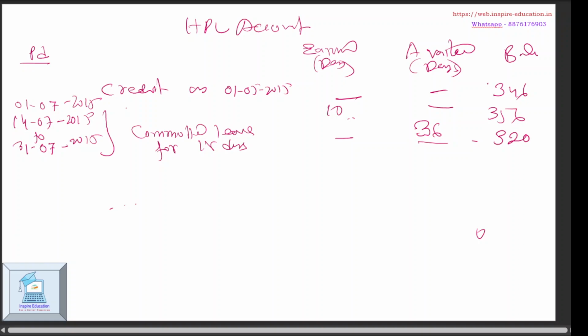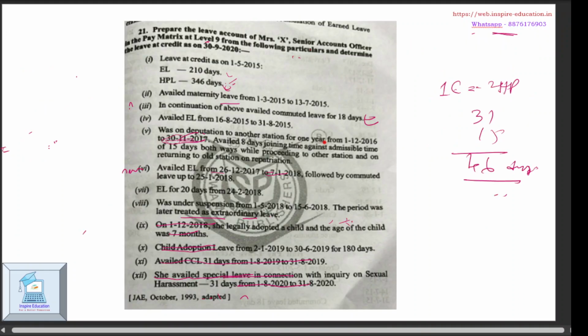Then let us see what is the next impact on HPL account. So availed LWP, there is nothing, followed by another commuted leave from 8/1/2018 to 25/1/2018.